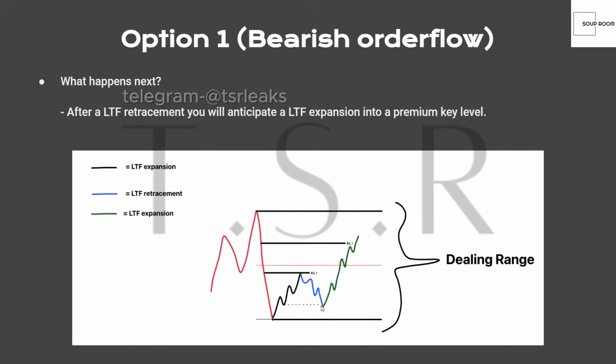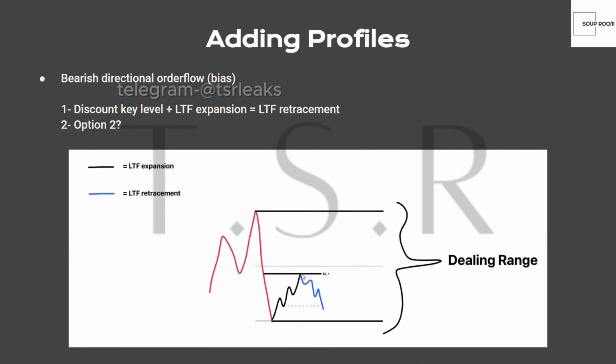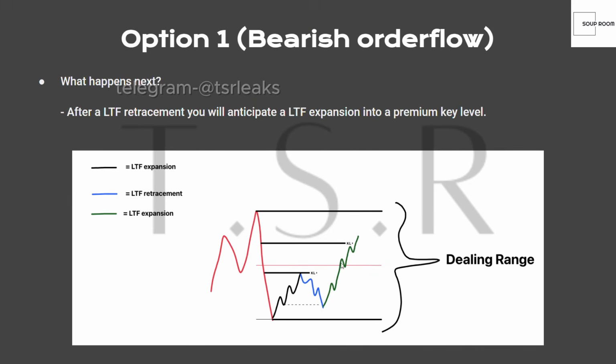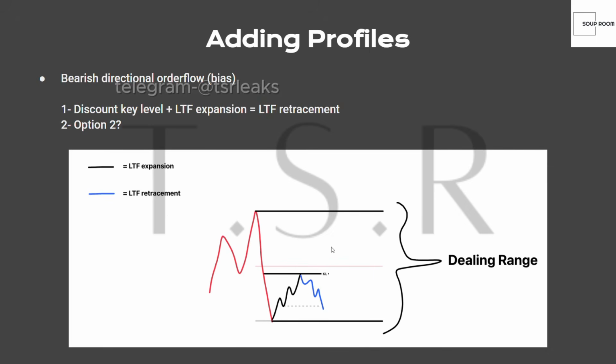After the retracement, what will follow suit? An expansion. Where are we going to expand? Why did price not expand to the opposing end of this range when this key level was hit? Why is price reversing over here and heading above the midpoint? Why?